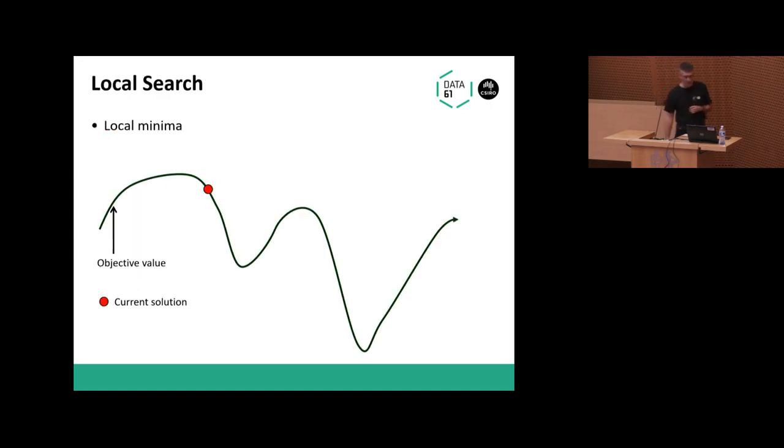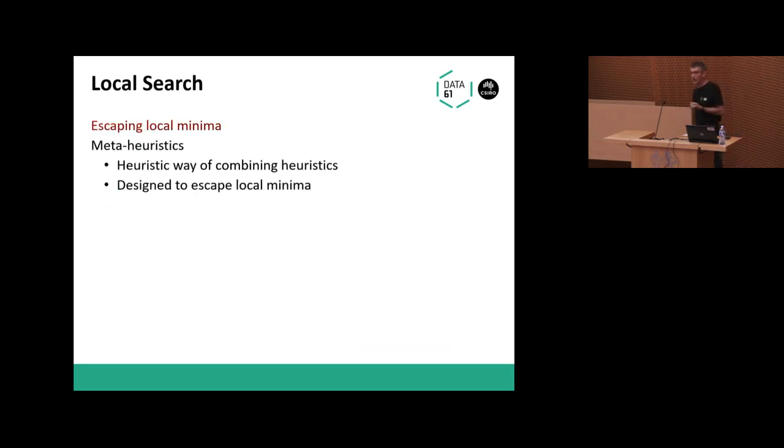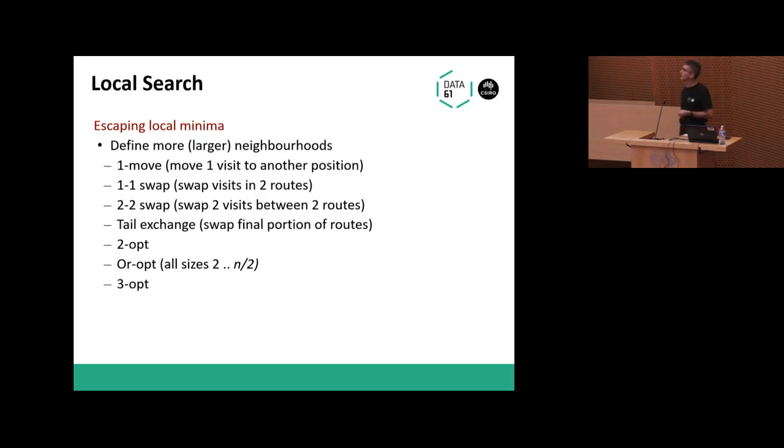Okay, so local search is great, but the trouble is that you get to a certain point, and like in the one move, I've found my local minimum, but it's not the global minimum. So we turn to metaheuristics that can help us get out of these local minima. One way to escape local minima is simply to define larger and larger neighbourhoods.